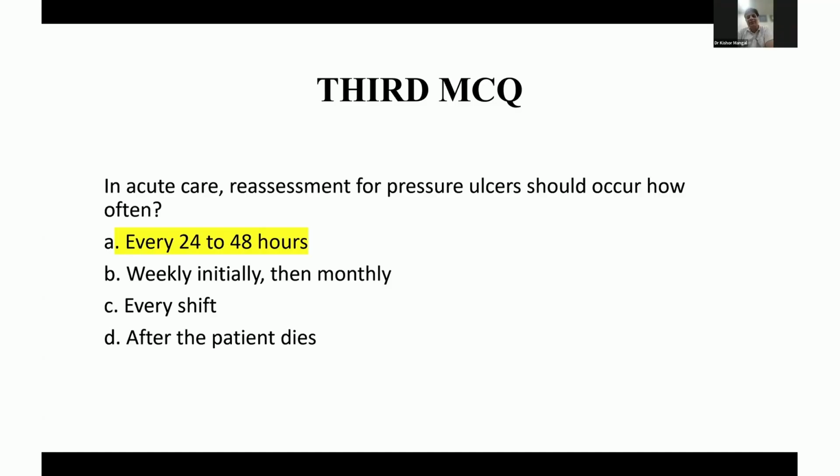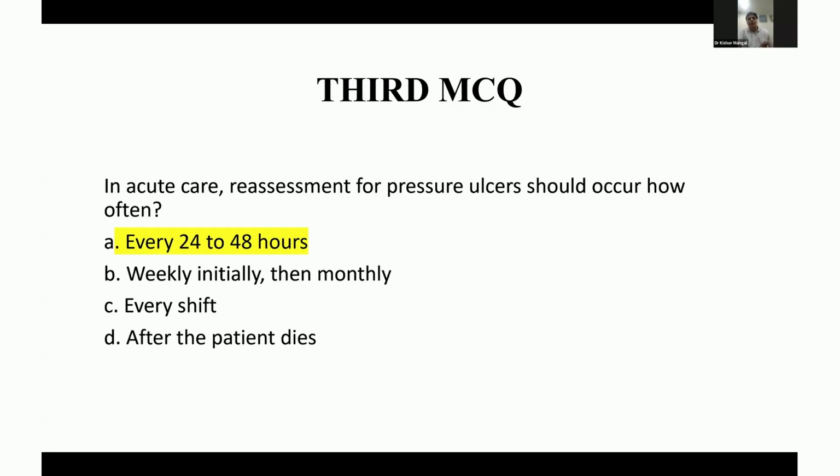Yes, I think the confusion here was about the assessment of pressure ulcer. The question is regarding the grading of the pressure ulcer and risk identification, from mild to moderate risk, like we do with the Braden scale. That has to be done every 24 to 48 hours. All the preventive things which we do have to be done every shift.